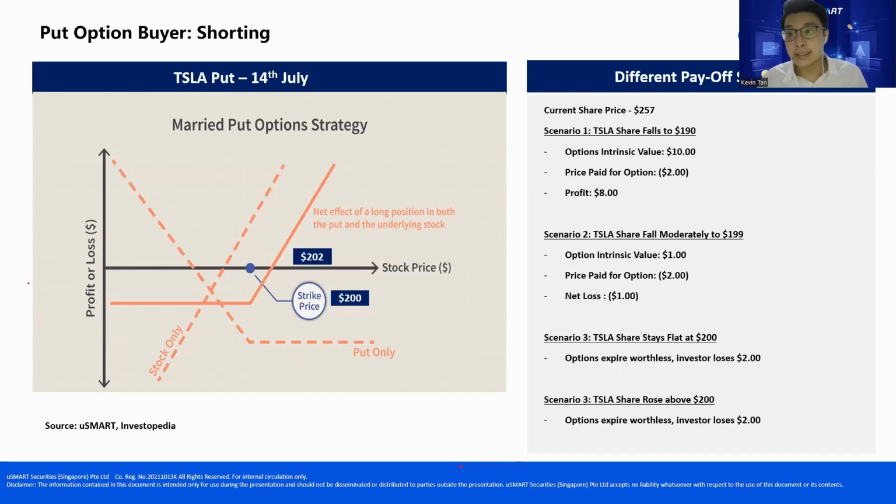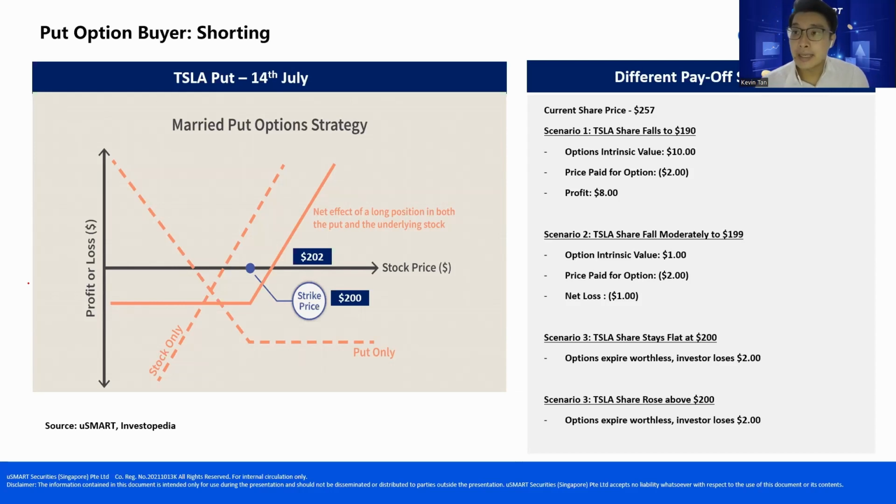Now, let's look at a scenario where you actually short Tesla shares because you are super bearish on Tesla. You believe that Tesla shares will actually lose value. So assume that the current share price for Tesla is $257, and you buy a put option with a strike price of $200, right? Now, Tesla shares actually fell to $190.